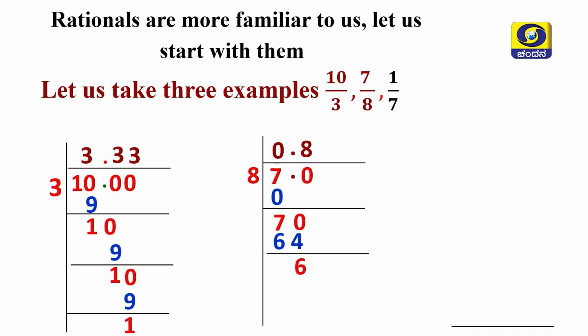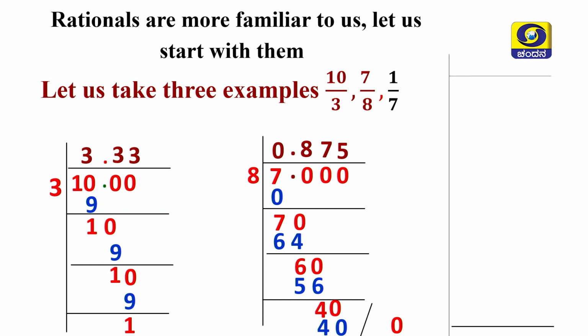Now, again take 1 0. Now, 8 7s are 56. The remainder is 4. Now, take another 0. Now, 8 5s are 40. My dear students, please observe these examples. Here the remainder is 0, in the previous one the remainder is 1.